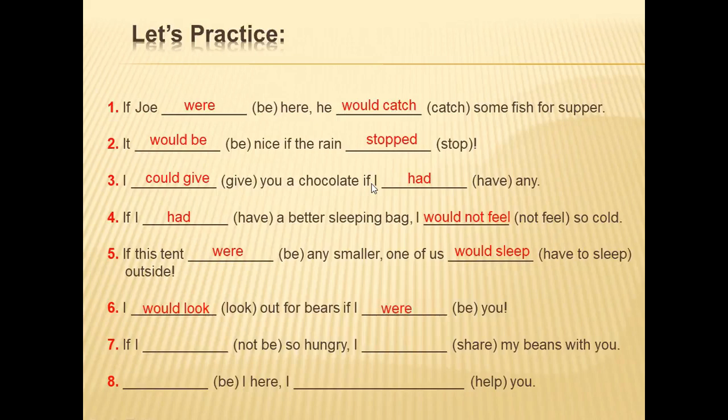Number 7: if I were not so hungry, I could share my bean with you. Actually, I'm very hungry and I will not share my bean with you. Were I here, I could also say I could help you.